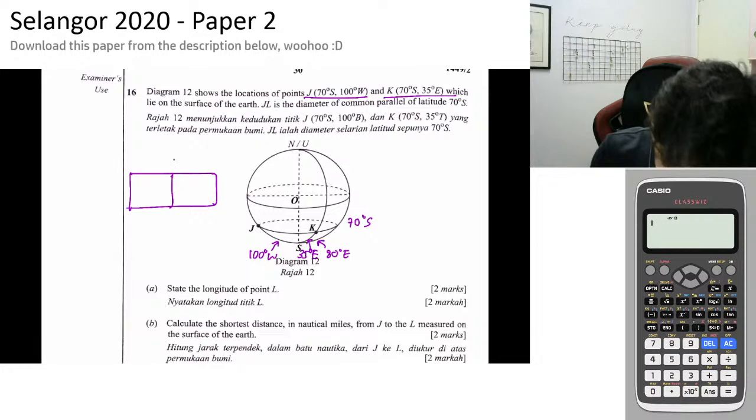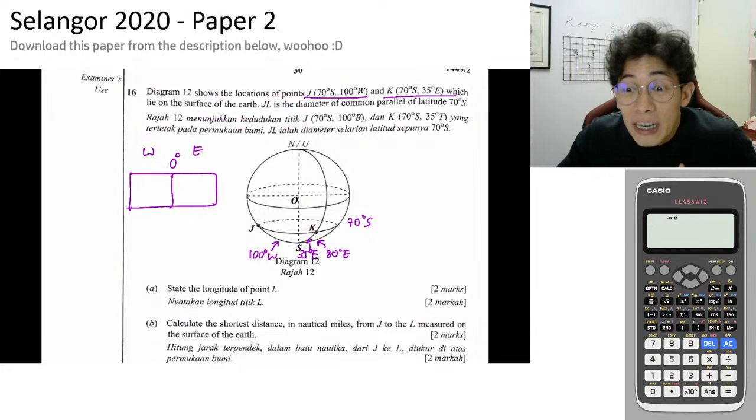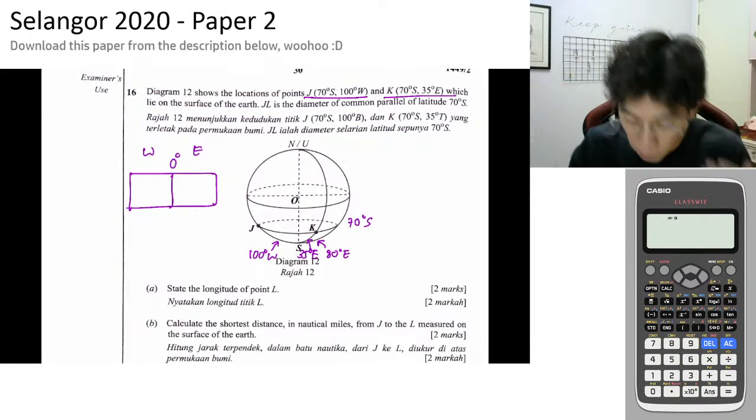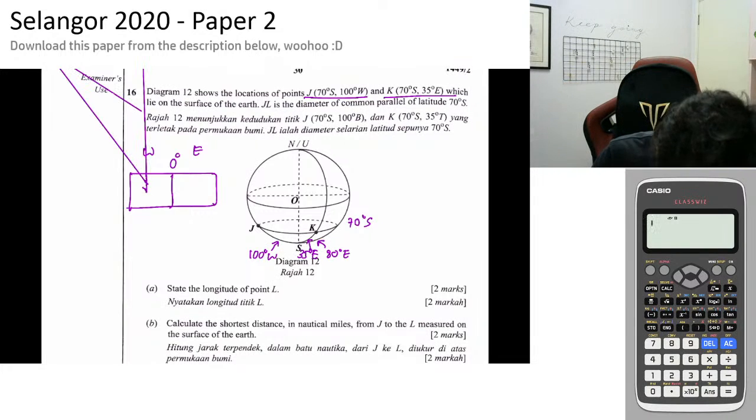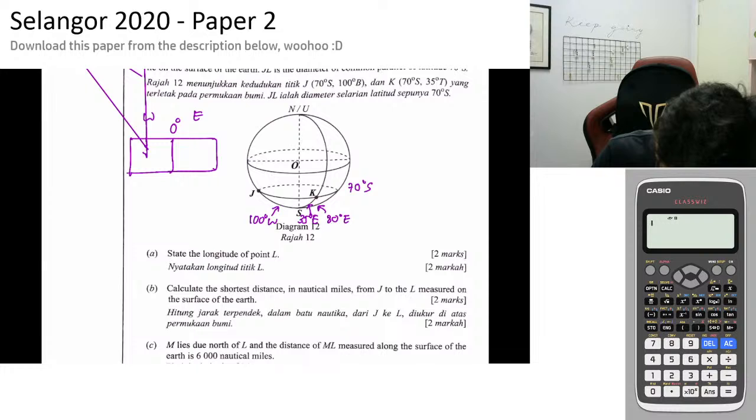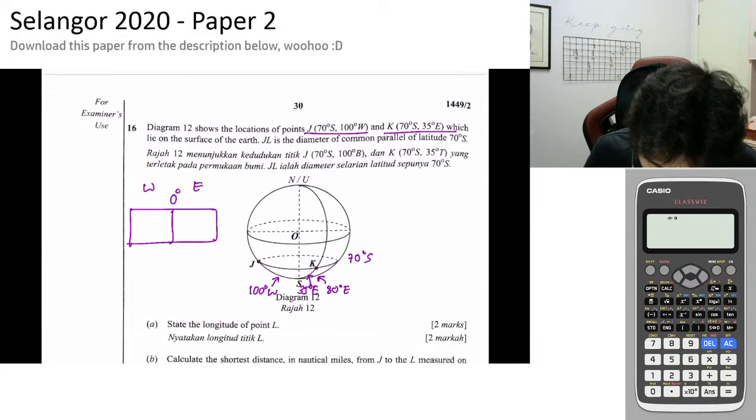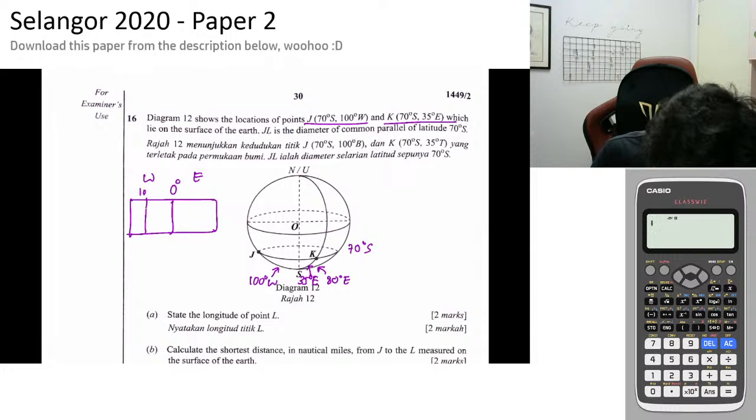So, this will be 0. This will be west and east. Now I feed it there because it's easier to see. So, I feed my 100 here. Okay, that's 100.